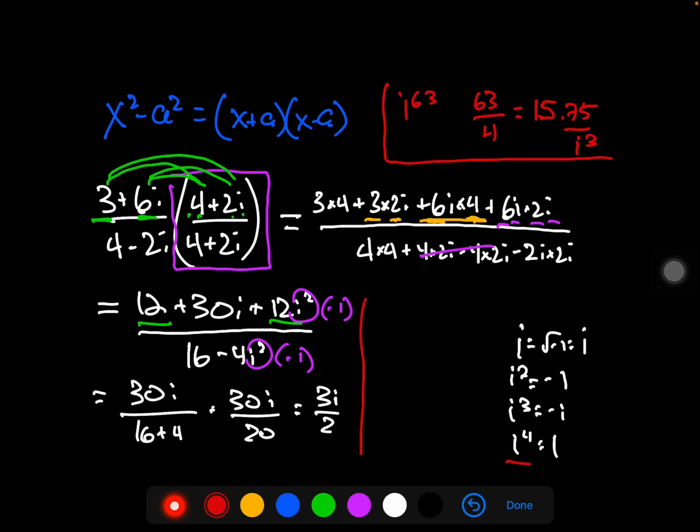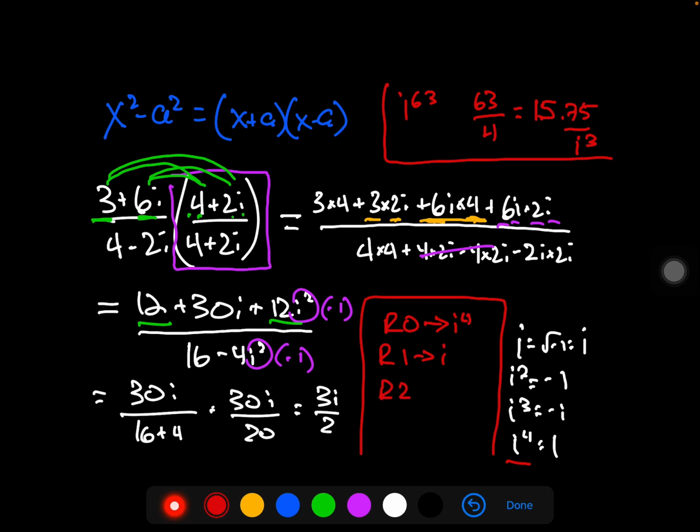So if we get a real high exponent value, if we get a remainder of 0, then we're going to have i to the fourth, right? So 15.75 means 15 remainder 3. If you get a remainder of 1, then that's going to be i to the first, or i.